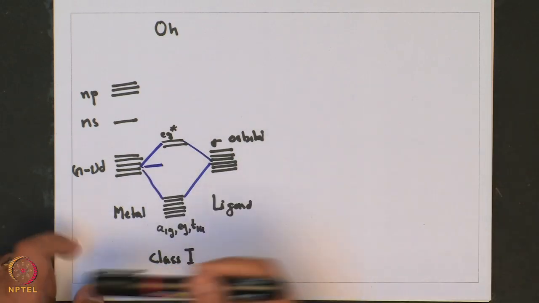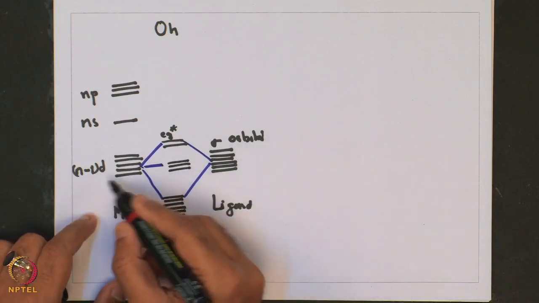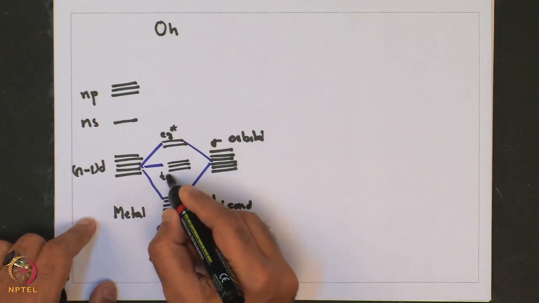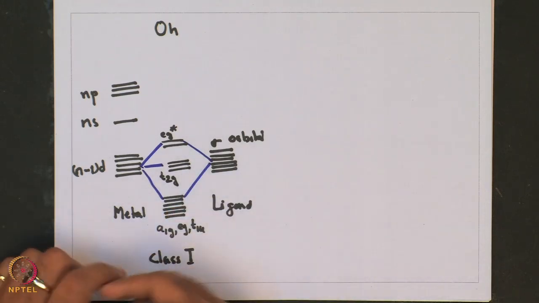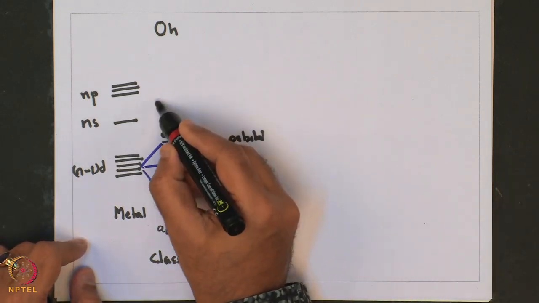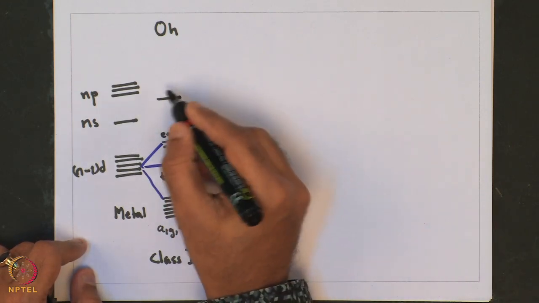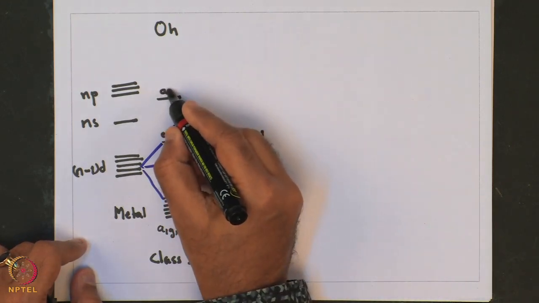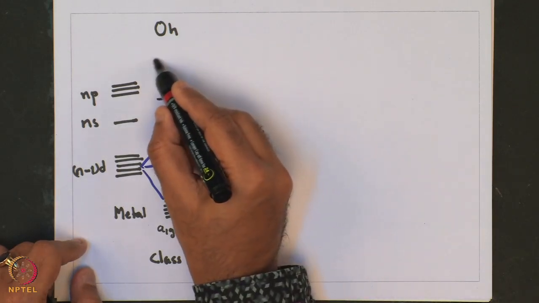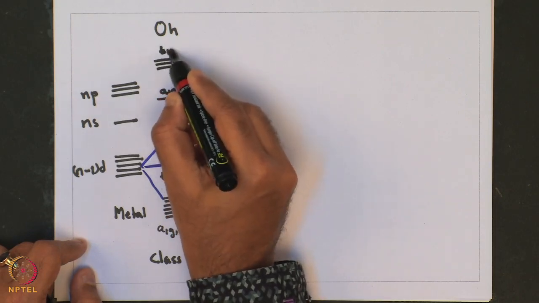There are 3 d orbitals which are non-bonding, the T2g, and 1 antibonding s orbital A1g star and 3 antibonding T1u star.